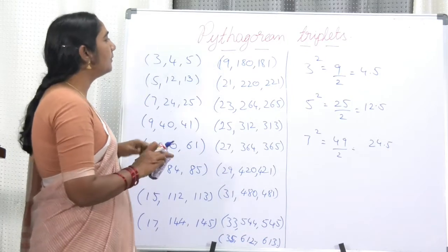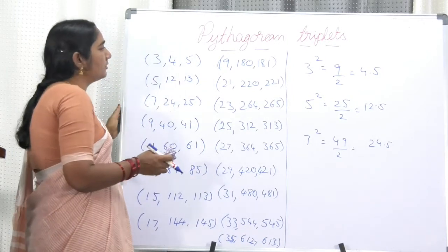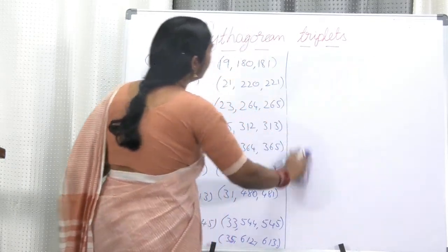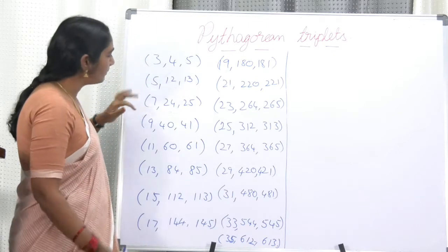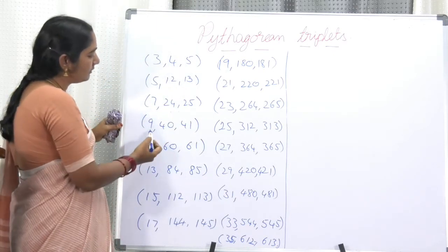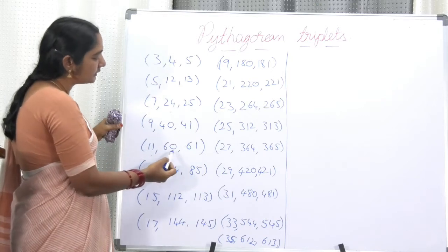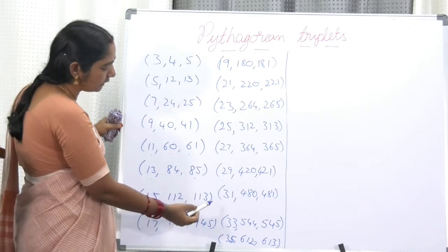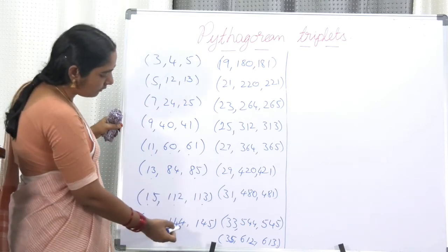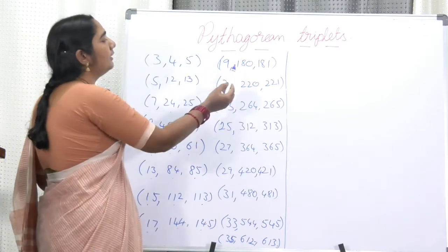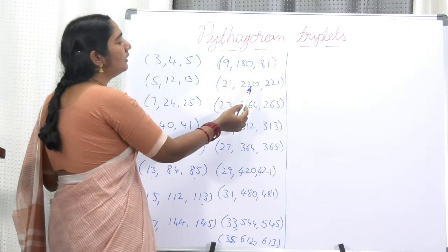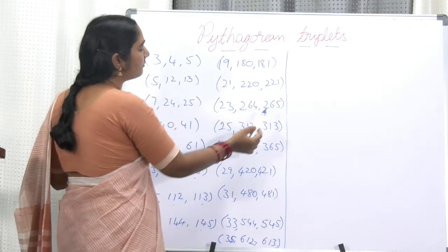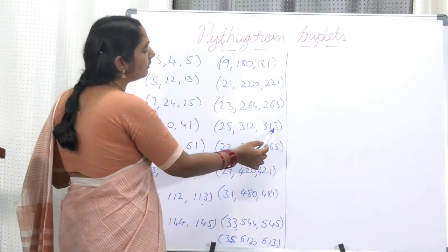The triplets are an important thing, especially in competitive examinations. Now these are all the triplets when the triplet is starting with an odd number. 7, 24, 25, 9, 40, 41, 11, 60, 61, 13, 84, 85, 15, 112, 113, 17, 144, 145, 19, 180, 181, 21, 220, 221, 23, 264, 265, 25, 312, 313.